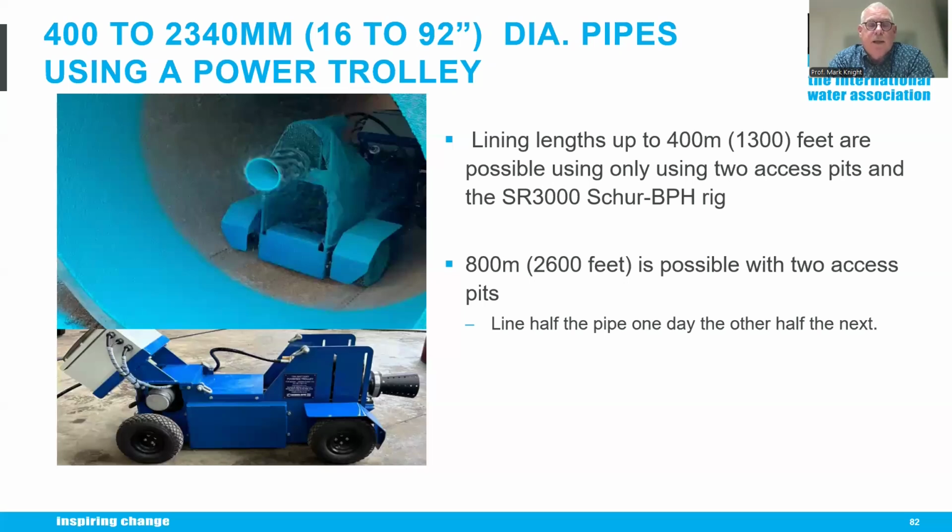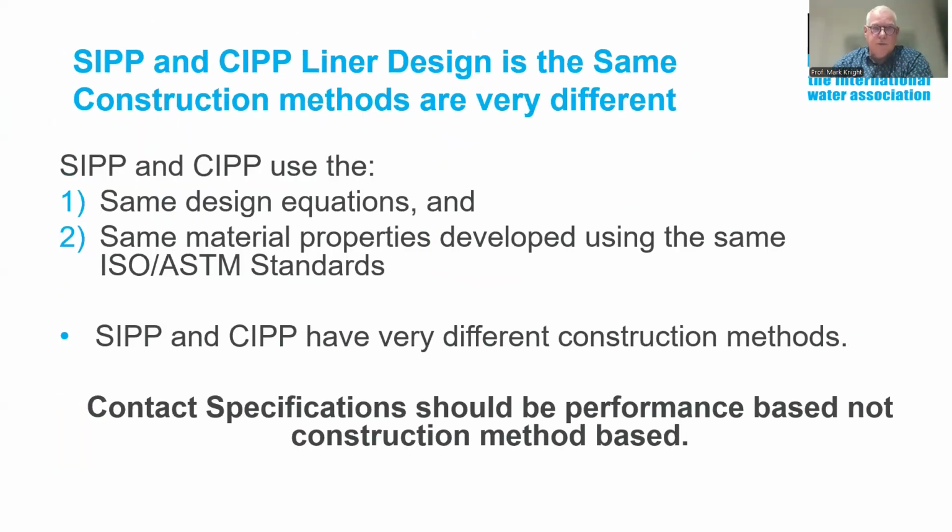So we can do lining lengths here up to 400 meters in length. If we can get inside the pipe and collect the material, then we can have pit to pit at around 800 meters, basically by lining one half of the pipe one day and then coming back and lining the other half of the pipe the other day. In lining projects, pits are expensive, and if you can reduce the number of pits, you can have a huge impact on the project cost itself in those sites.